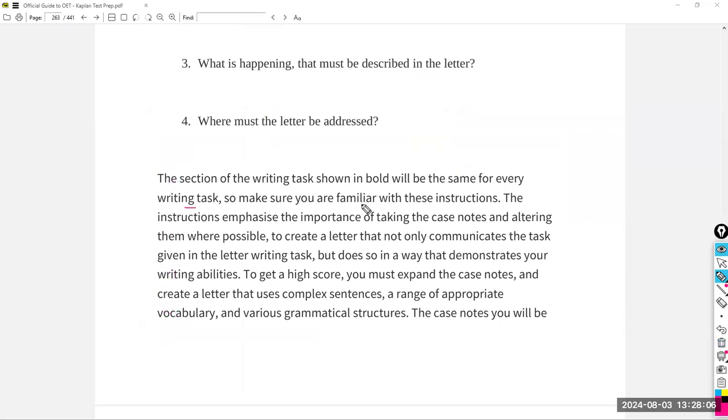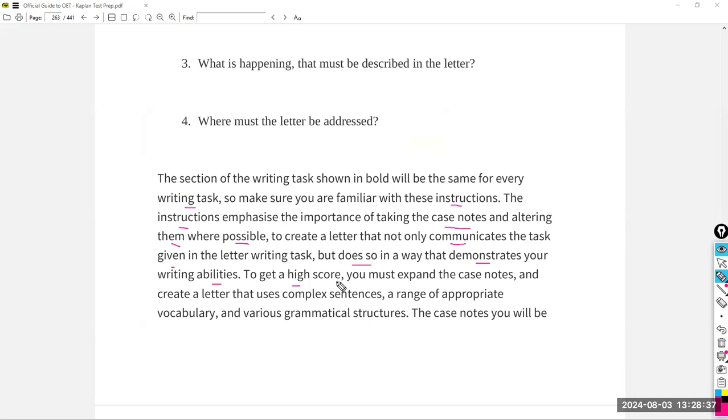To make sure you are familiar with these instructions, the instructions emphasize the importance of taking the case notes and changing them where possible to create a letter that not only communicates the task given in the letter writing task, but does so in a way that demonstrates your writing abilities.